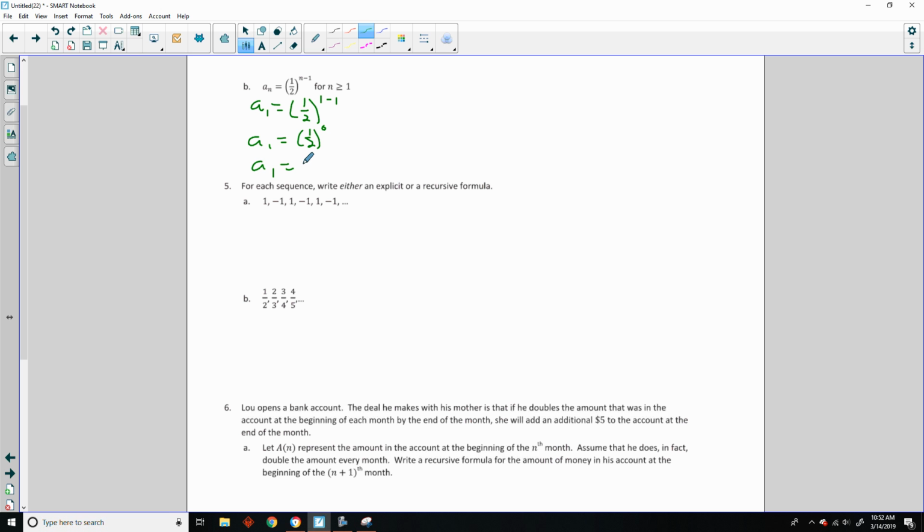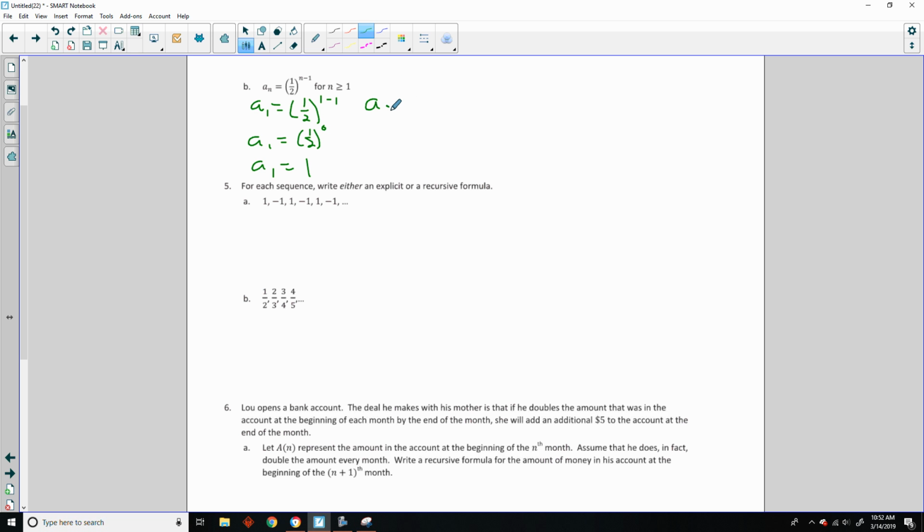And a sub 1 equals 1. Remember the power of 0. Oftentimes I ask students, what is such and such to the power of 0? And their initial answer is always 0. No, anything to the power of 0 is 1. So a sub 1 equals 1 because 1/2 to the 0 is 1.